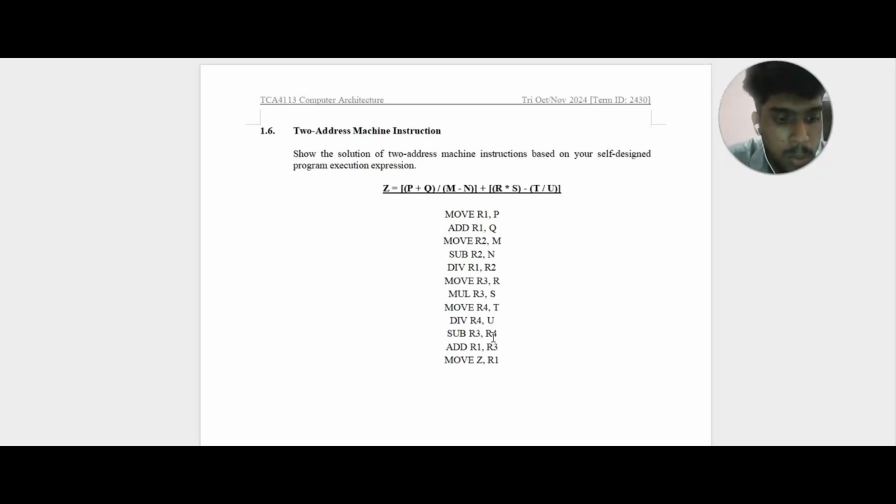Then finally combine both parts: add R1, R3, add the first part to the second part. Then move Z, R1, move the result to Z. This method is more efficient since it reduces reliance on temporary storage.